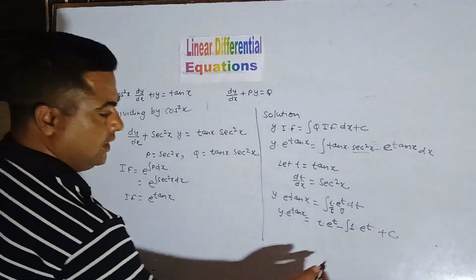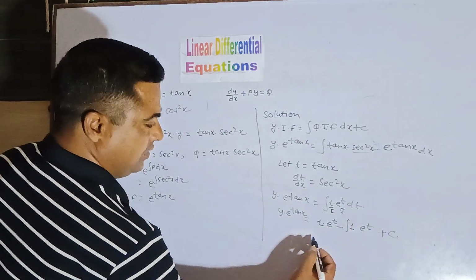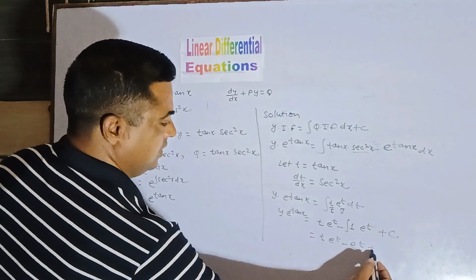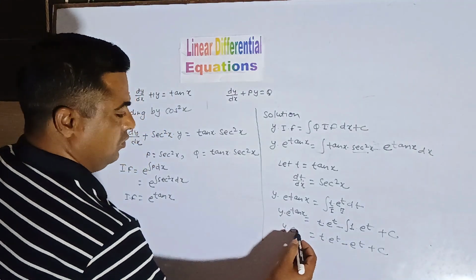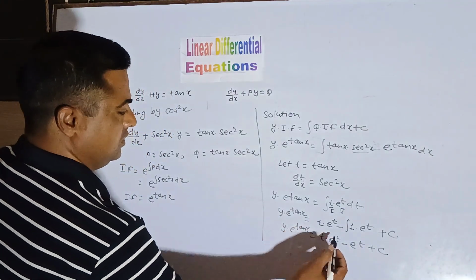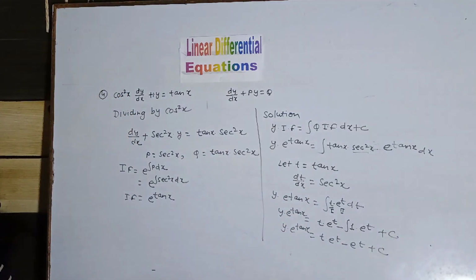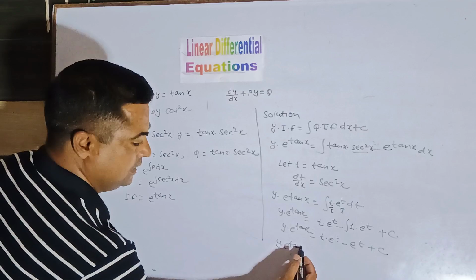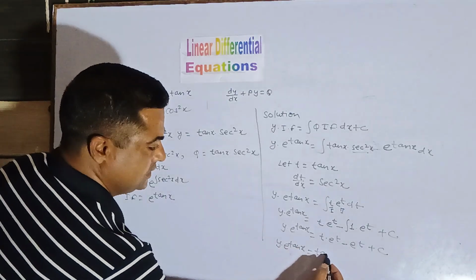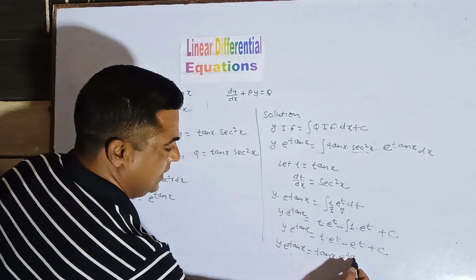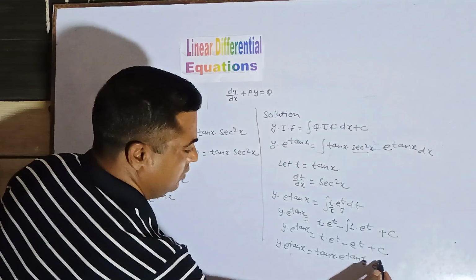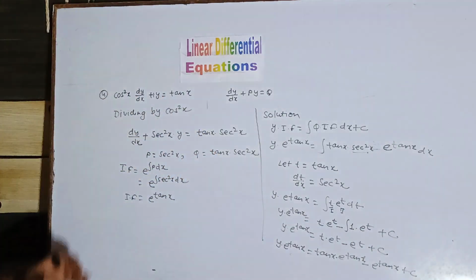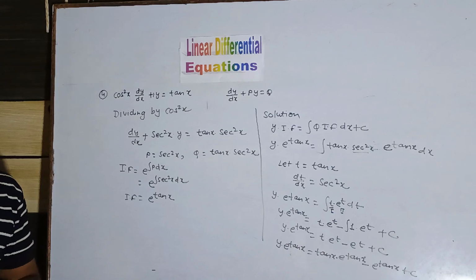Correct? Now integrating the integral of e to the power t, this will be e to the power t plus c. Now we put the value of t. What is t? t equals tan x. So this will be y into e to the power tan x is equal to tan x into e to the power tan x minus e to the power tan x plus c. So this will be the answer of this linear differential equation.